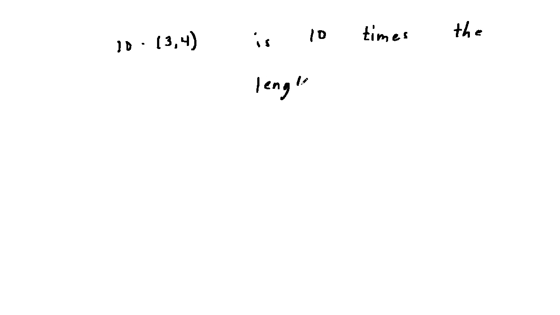Now, if c was 10, the length of 10 times 3, 4 would be 10 times the length of 3, 4. Now, remember c equals 2 for that example. Since 2 is positive, 2 times 3, 4 points in the same direction as 3, 4.